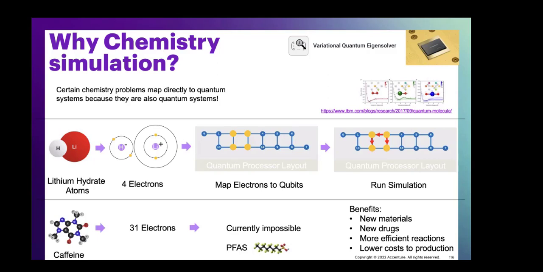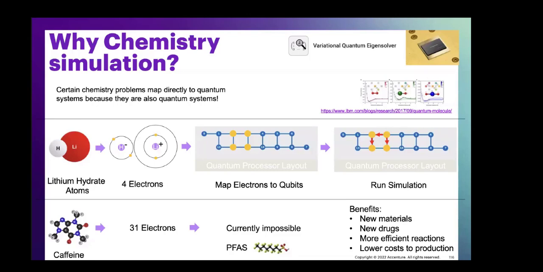And very quickly, if you look at something like caffeine or something we've been exploring, PFAS, polyfluoroalkyl substances, they're intractable to do classically. You can't compute all the possible permutations of the positions of the electrons of those using a classical computer. So this is why we want to explore quantum technology, and the quality of the quantum chip really matters.